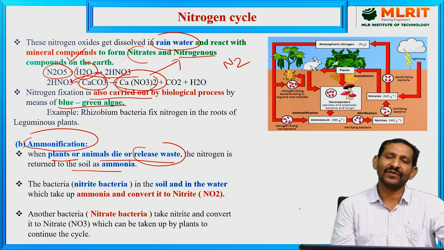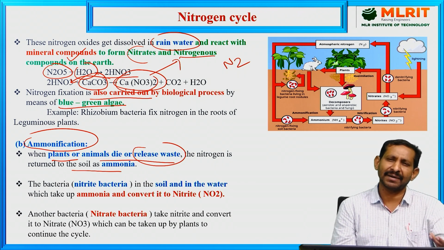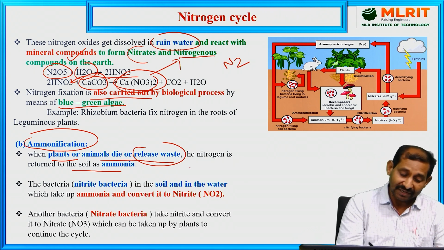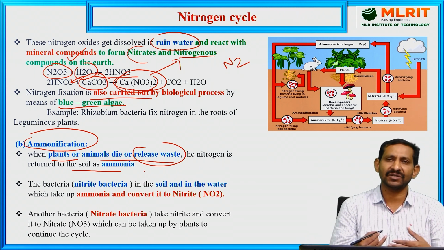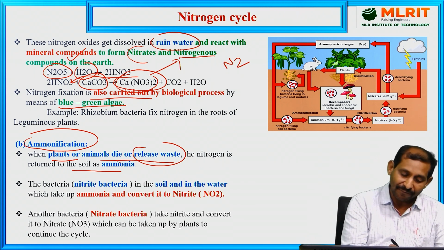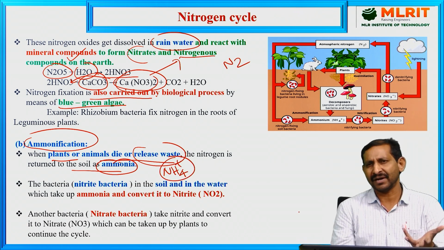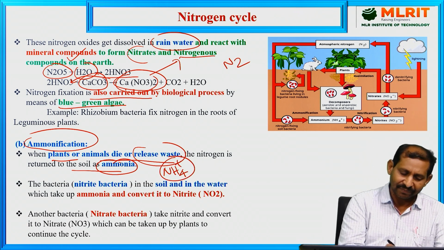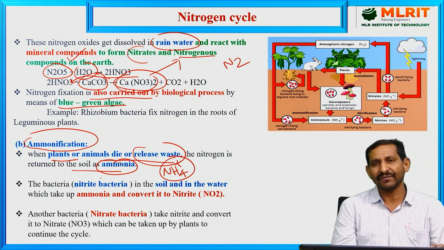When plants die, when animals die, and from the waste released by plants and animals, a lot of nitrogenous compounds come back to the soil, one of the reservoirs, in the form of ammonia, ammonium ions. This is called the ammonification reaction.